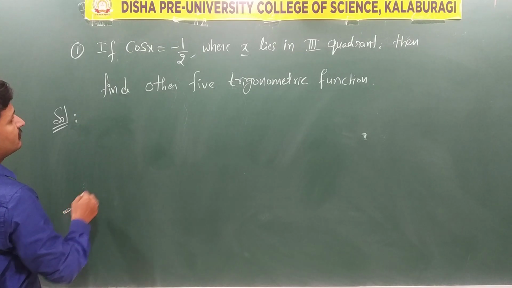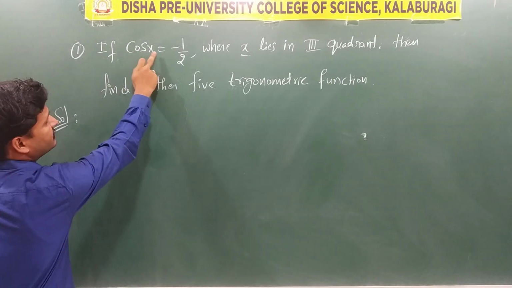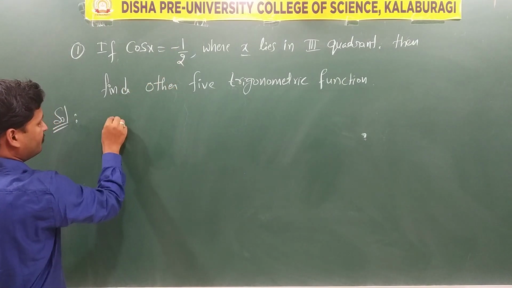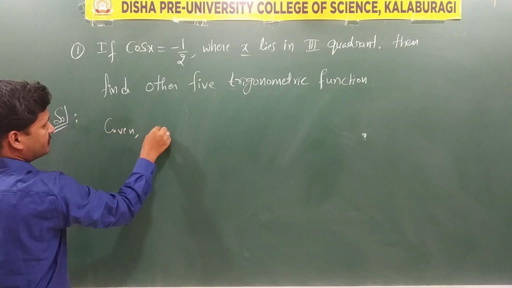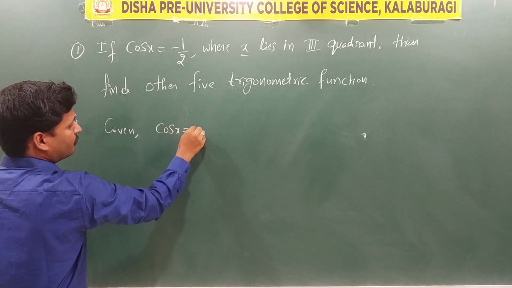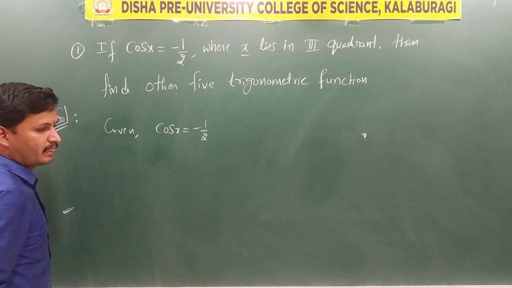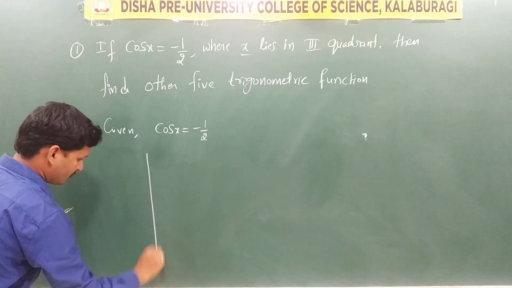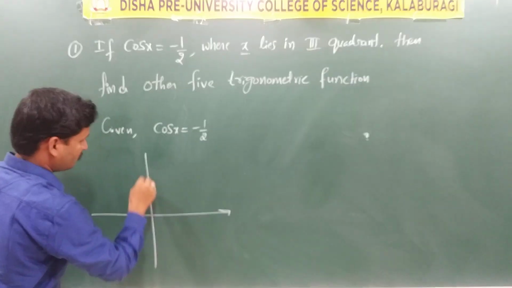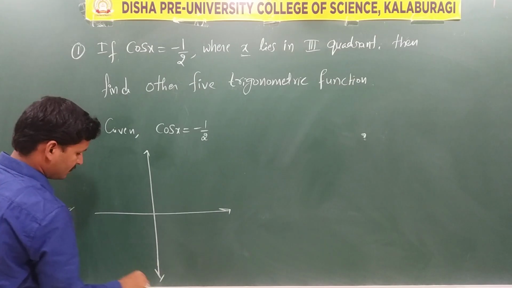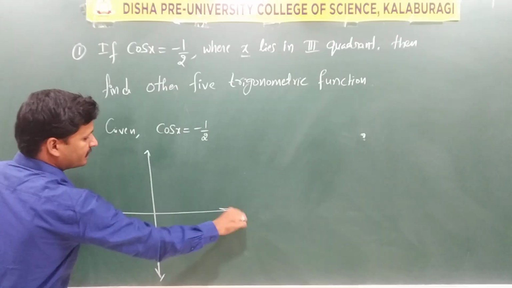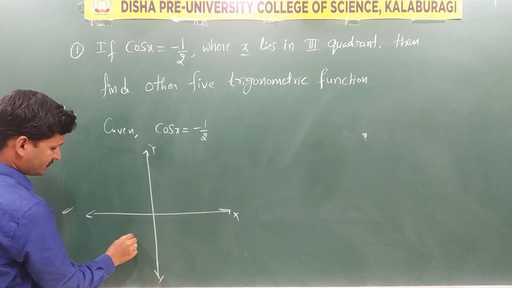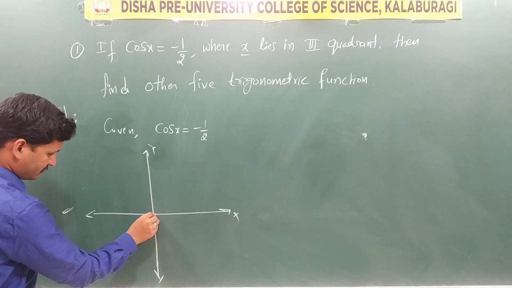Here cos x is equal to minus 1 by 2, this is given. Here x lies in the third quadrant, so I will take a Cartesian coordinate system. This is the third quadrant.